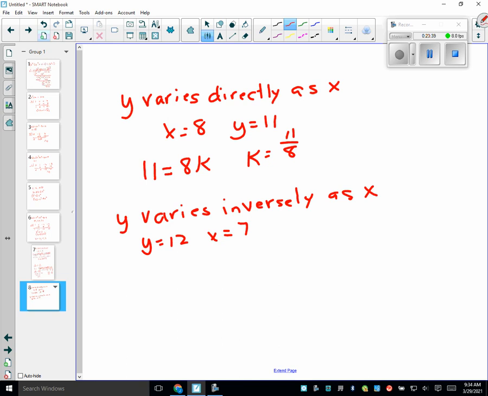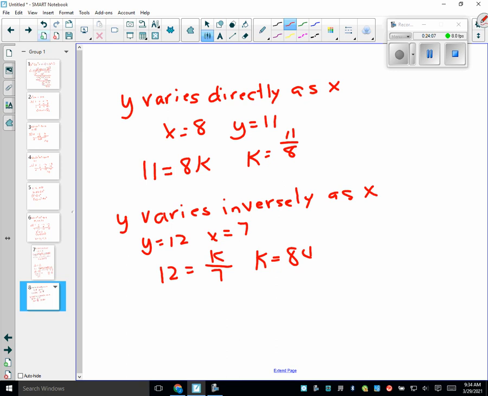So don't I set it up as 12 equals K over 7? K is 84? Did that make sense, Kristen? This was pretty simple.